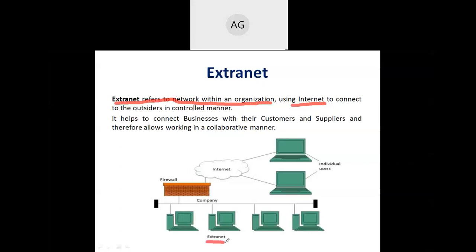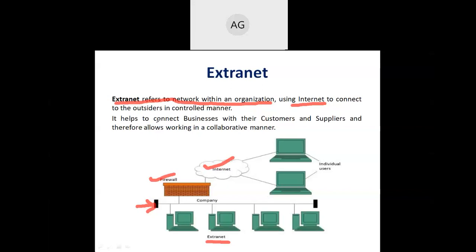As you can see in the diagram, there is an extranet through which the systems are connected. This is the extranet cable, and the internet is connected to the extranet with the use of a firewall. This is the way by which we can connect the extranet with the internet.